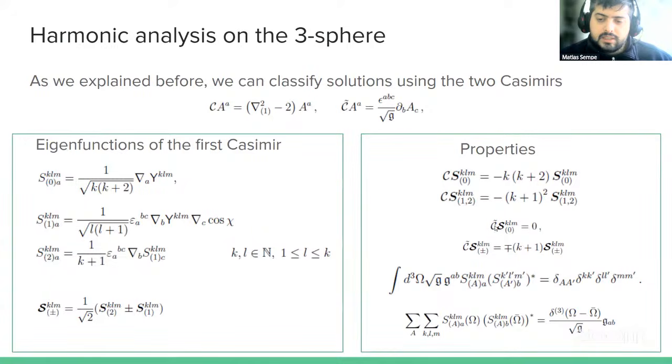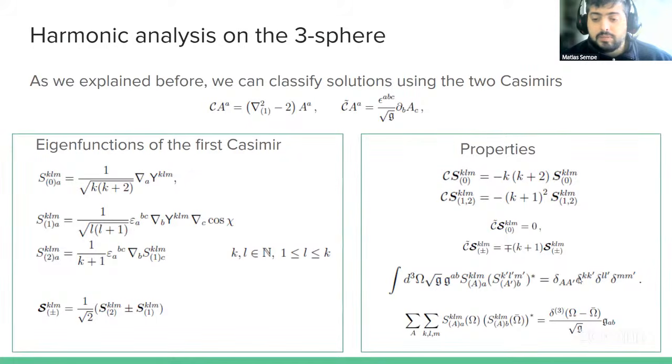So we can see that C tilde over this is 0. This is expected because it is a scalar, so it doesn't have right mover and left mover quantum numbers. C tilde is like a measure of the right moving or left moving, so this is why this is 0. And this is K plus, and this has one positive and one negative branch.